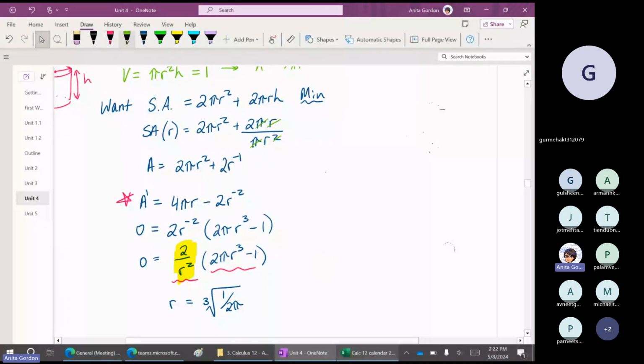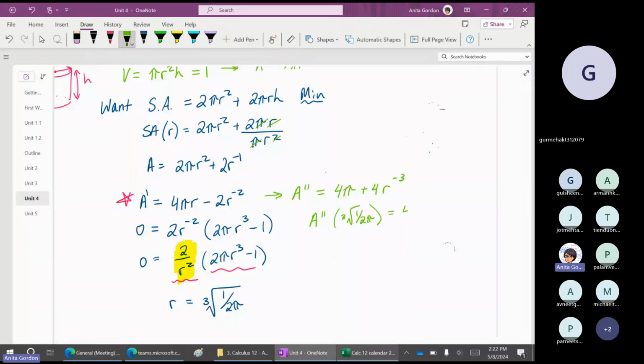So we can try it, but a double prime would be 4 pi plus 4r. That works. Nope, -3. Cool, almost missed it. Okay, so let's now test what is a double prime of this ugly thing.